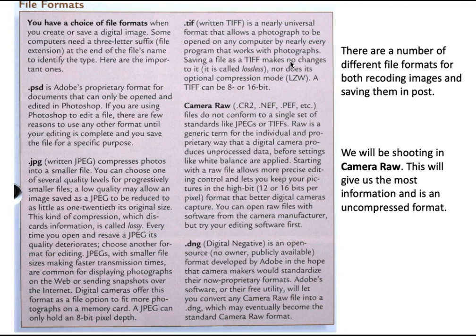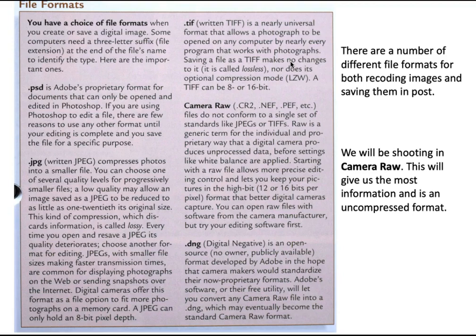Whereas our camera raw, also known as DNG, which stands for digital negative, is uncompressed. There's no compression at all. It does take a lot more space on your memory card, but it gives us the most precise control when we are editing in post.